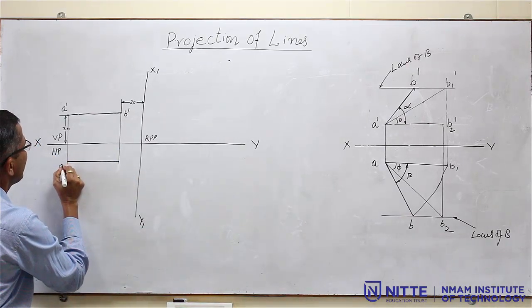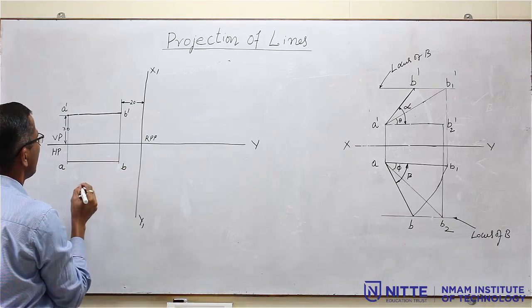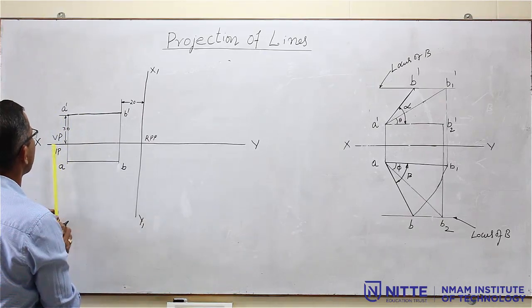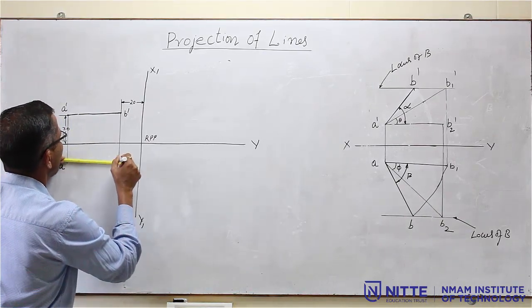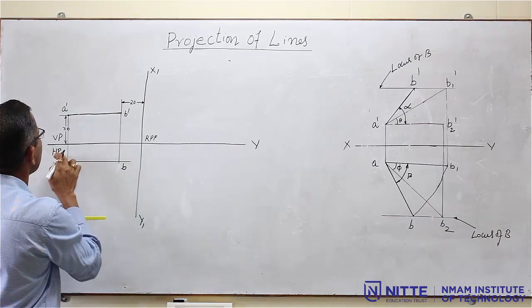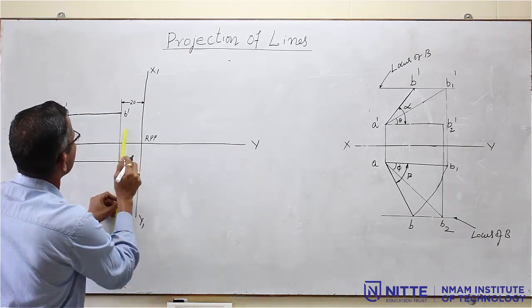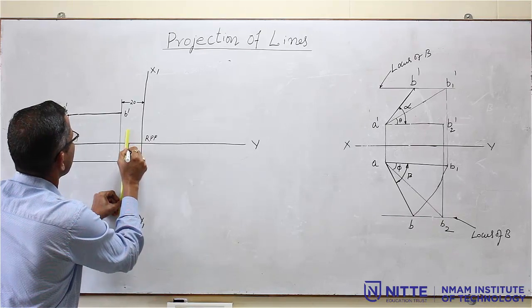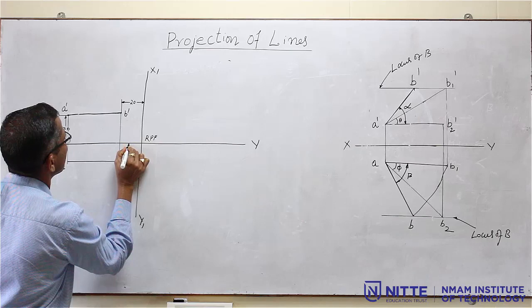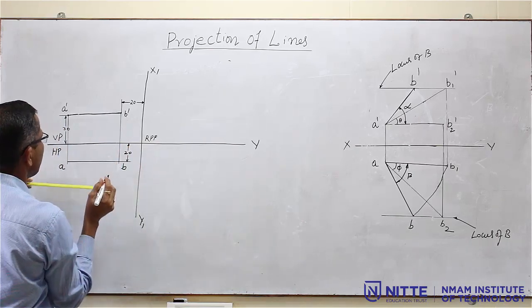So, this is A, this is B, and the length of this either you can mention here or here, any one place you have to mention, and the dimension you can dimension it either here or here, anywhere you can mention the 20 mm. I will take here, this is 20 mm, then this is 50 mm.